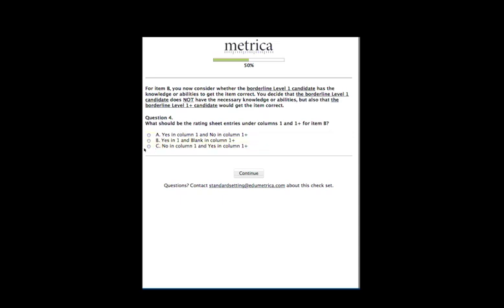So question 4 should be answered as C, because no in column 1 represents a judgment that I do not believe that the borderline level 1 candidate can answer that item correctly. And yes in column 1+ means that I believe that the borderline level 1+ candidate can answer that item correctly.